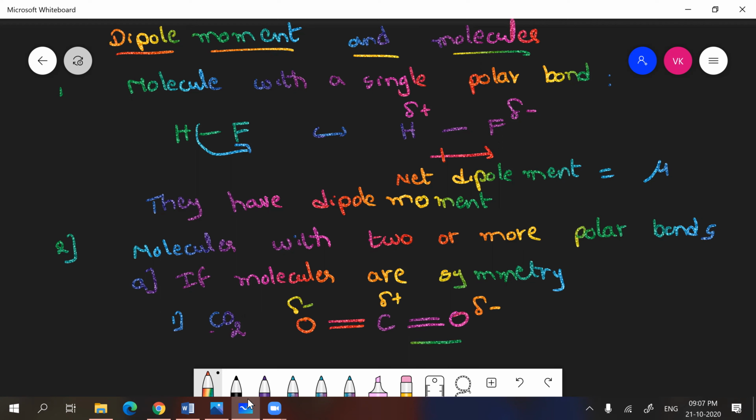And see the direction of dipole moment is in this way and in this opposite way. Whenever you say vector quantity, when they are in opposite direction, their net value becomes 0. That is the reason why the net dipole moment in carbon dioxide is 0. So they both will get cancelled. That's why even though it has polar bonds, the net dipole moment of carbon dioxide is 0.